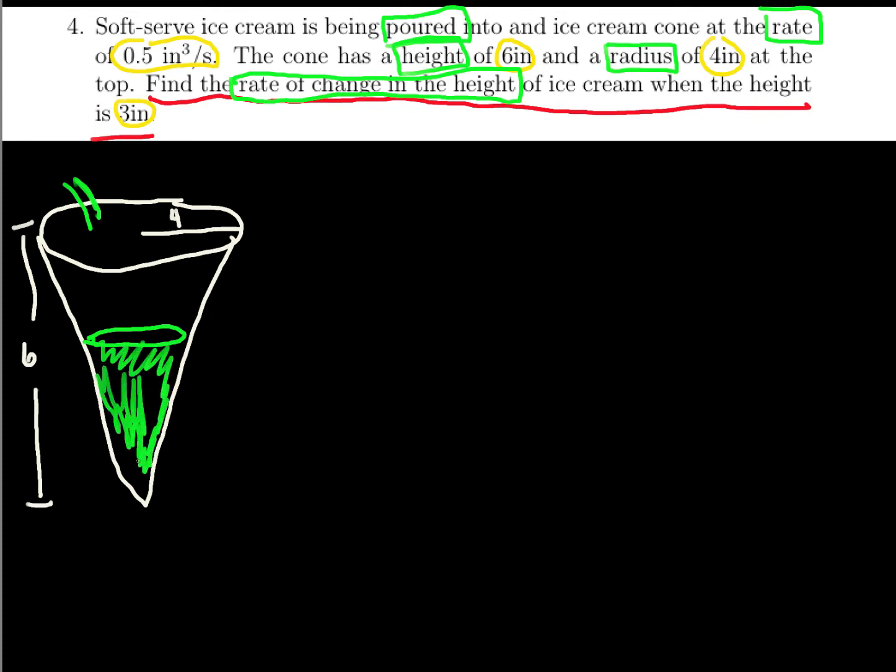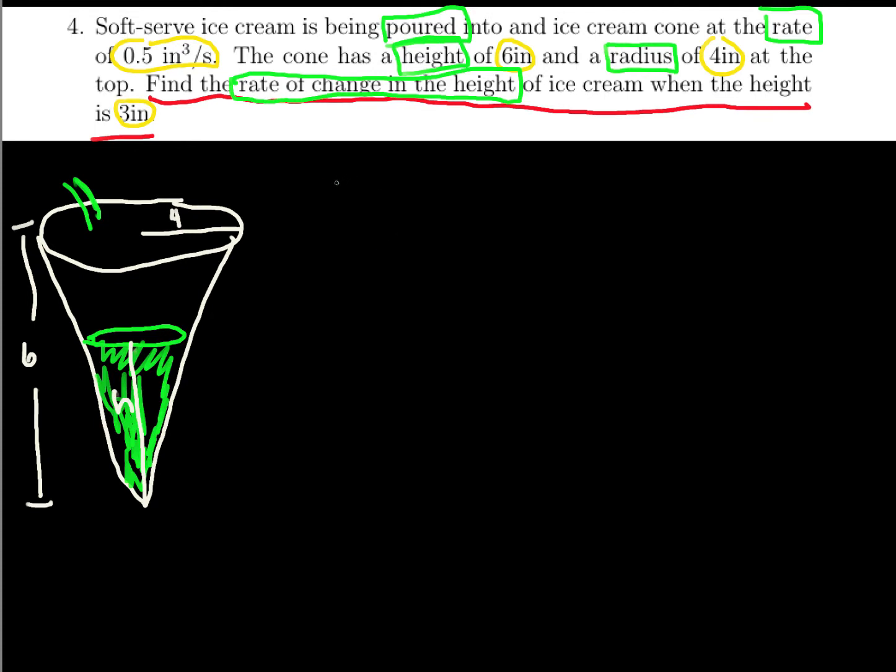So this is all ice cream in here. And we want to find the rate of change of the height of the ice cream. So we're going to have our height of our ice cream, say right here. That's our h. So that's the height of our ice cream.